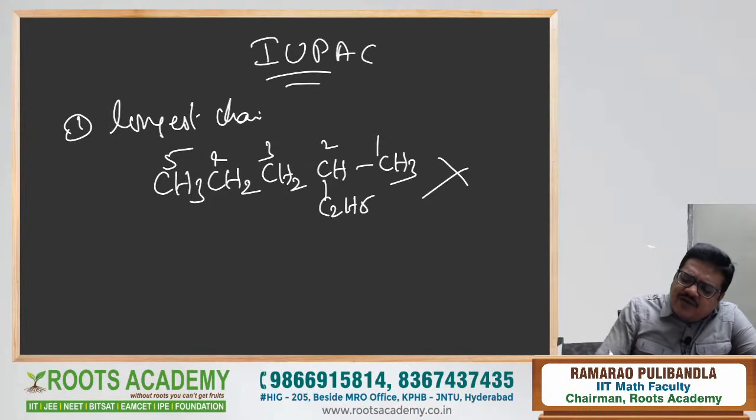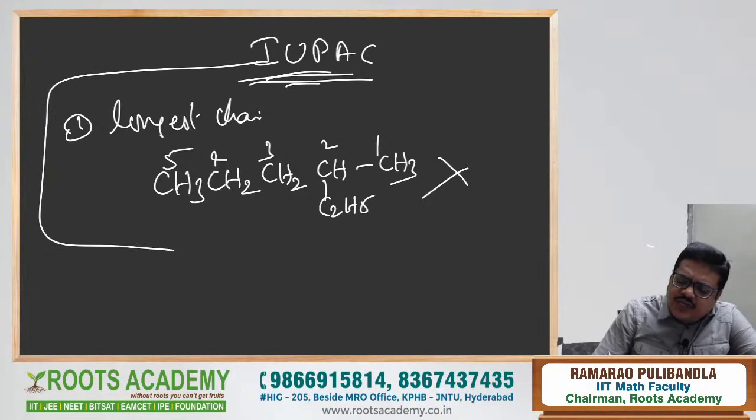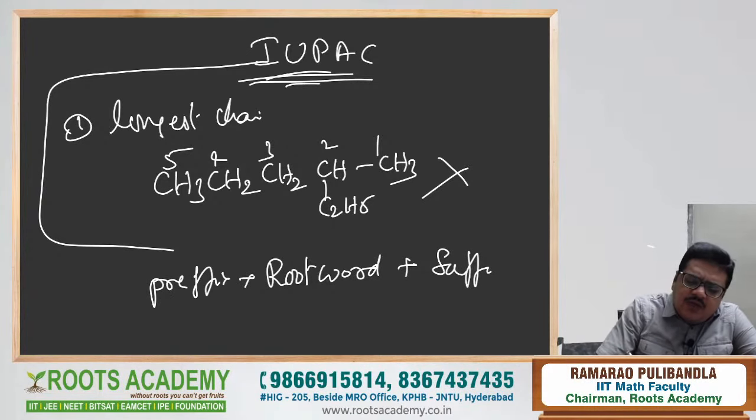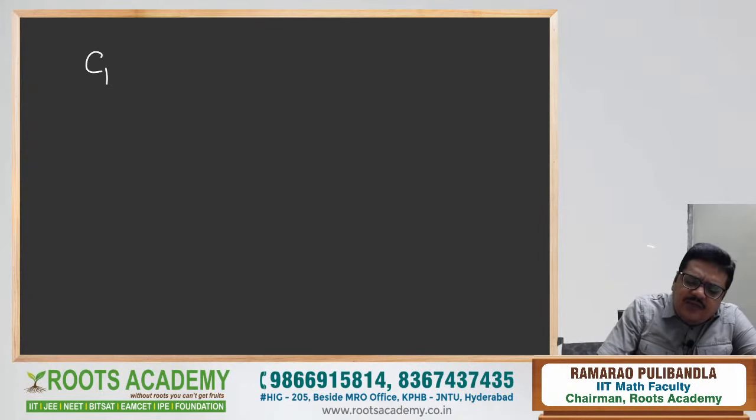Whenever we are discussing IUPAC nomenclature, we should know the meanings of three words: root word, suffix and prefix. What do you mean by root word? Root word means one carbon means meth, like that. C2, eth.